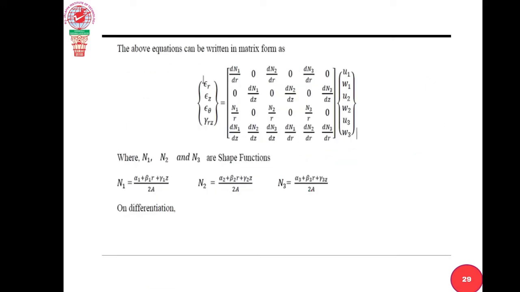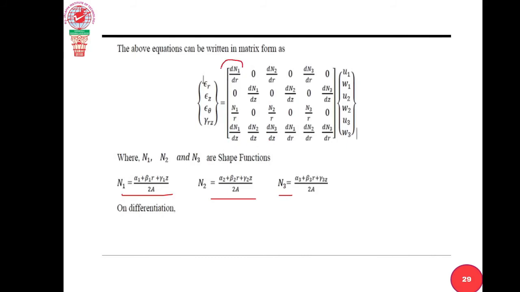Therefore, we know what is N1? This one: alpha 1 plus beta 1 r plus gamma 1 z by 2a, the shape function we derived previously. Correct? Similarly, the N2 value is this one, the N3 value is this one. Now here not only N1 is there.